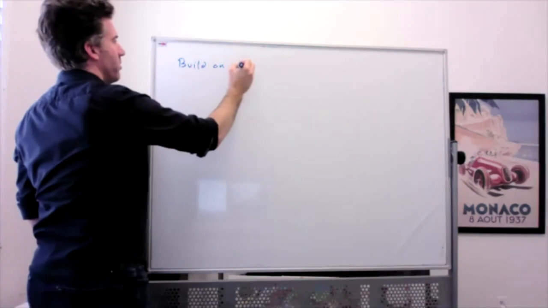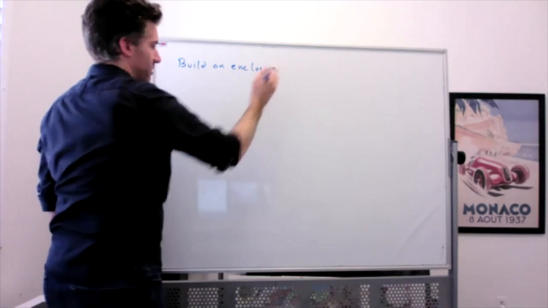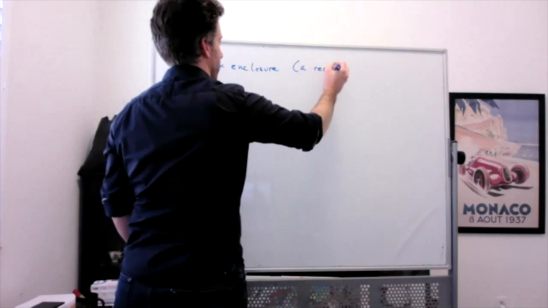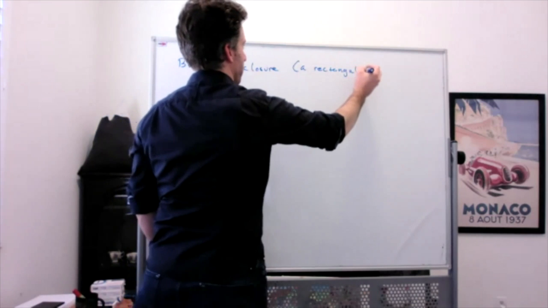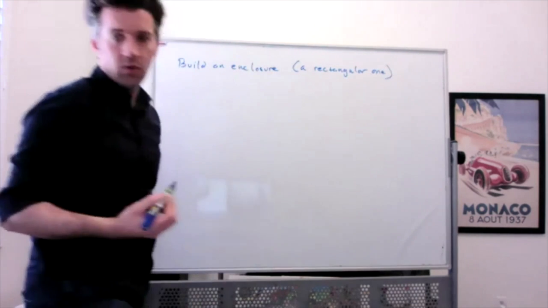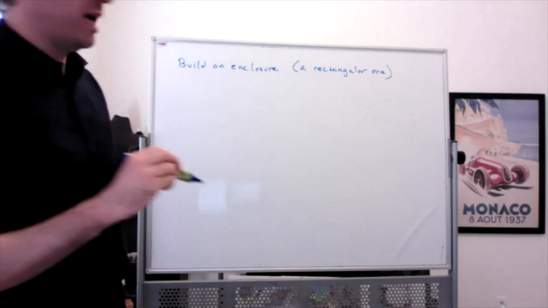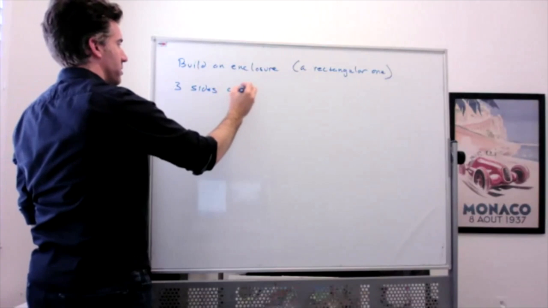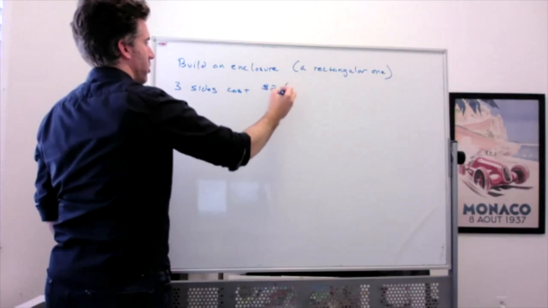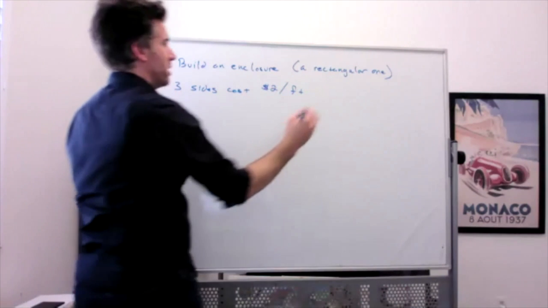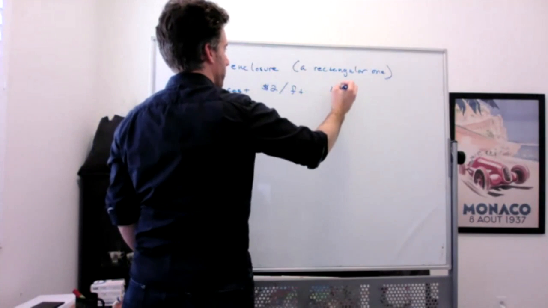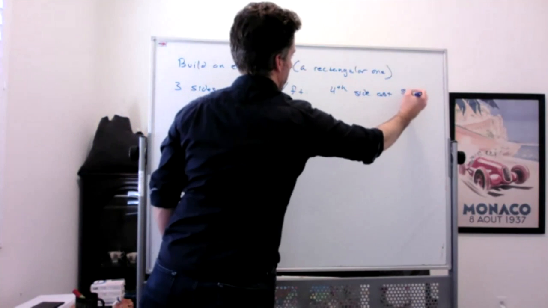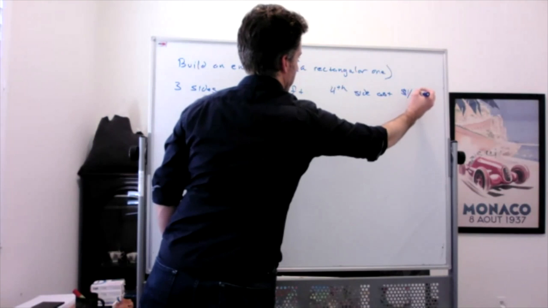And although the problem does not state it, it is going to be a rectangle, where the materials for 3 of the sides cost $2 per foot, and the material for the 4th side costs $1 per foot.